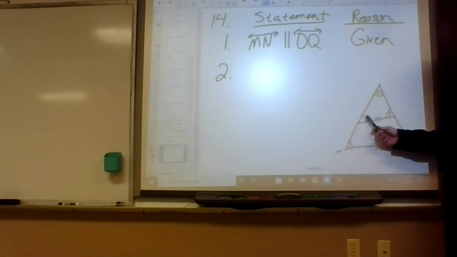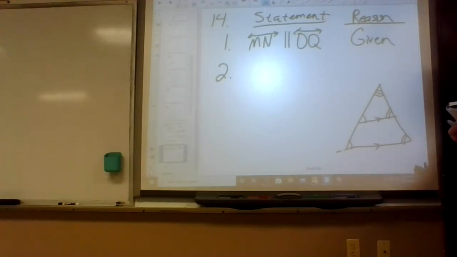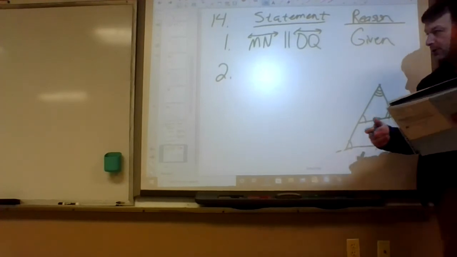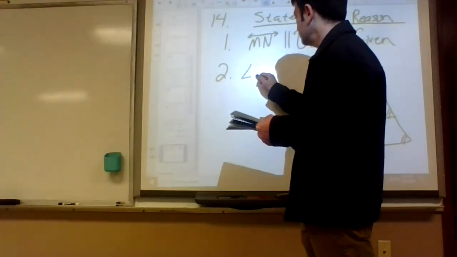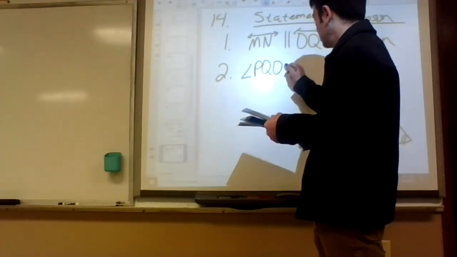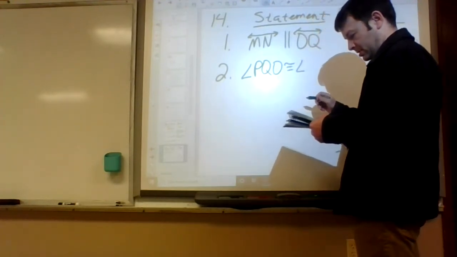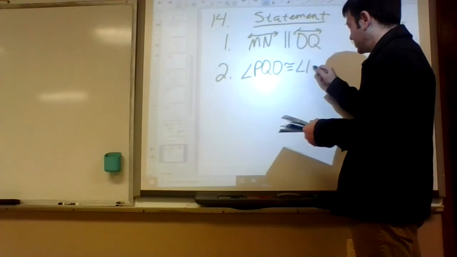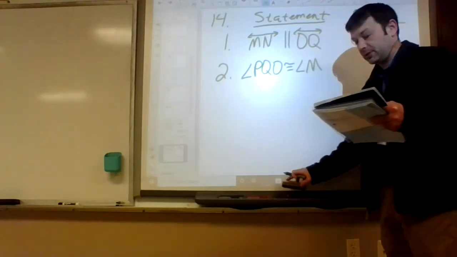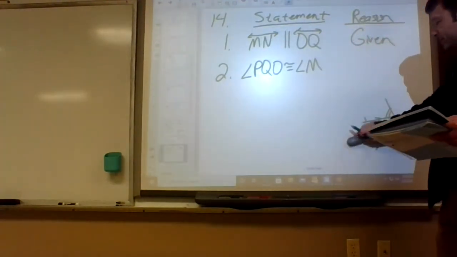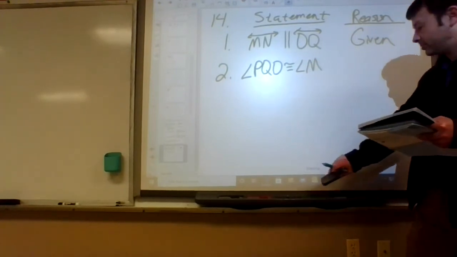So what are these angles called? We can't call it angle Q because there's QO. PQO is congruent to what? Can we just call it angle M? You could just call that angle M, yes, because there's only one angle that could refer to. And I'm going to kind of, it's not really cheating, but we're going to fast forward.